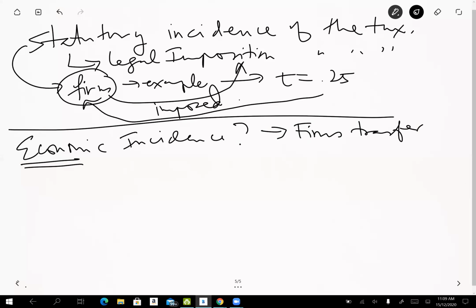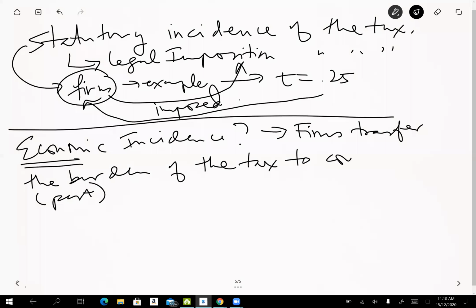It can be part of it, or it can be all of the burden of the tax, to whom? To the consumers, by increasing the price. We already discussed that. So therefore, the economic incidence will be shared by both parties.